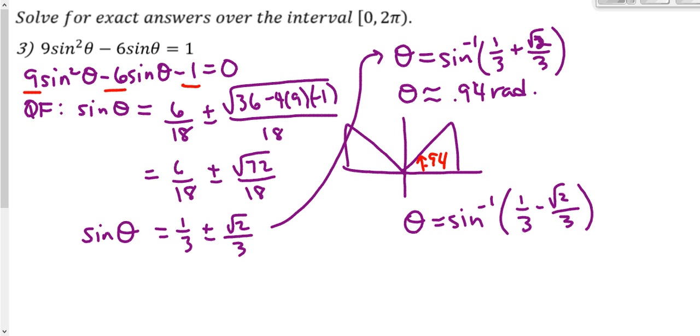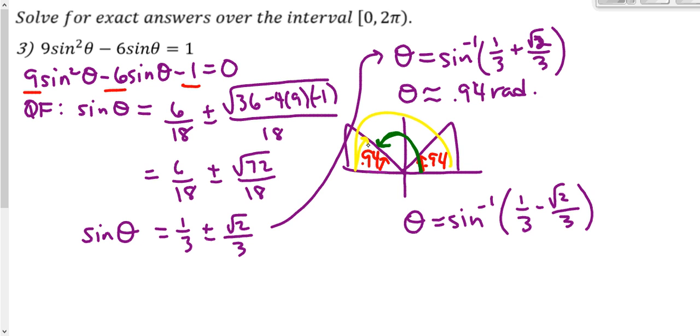So if one triangle has a reference angle of 0.94 radians, then the other triangle also has a reference angle of 0.94 radians. So then how far did we go to get to the terminal side? We went not half a circle, we went half a circle minus 0.94. So go the half circle and then come back 0.94.